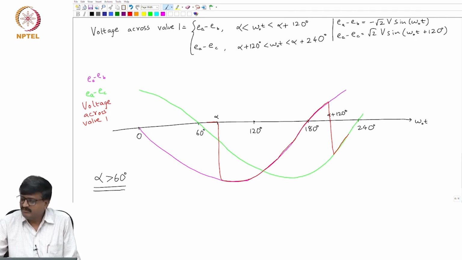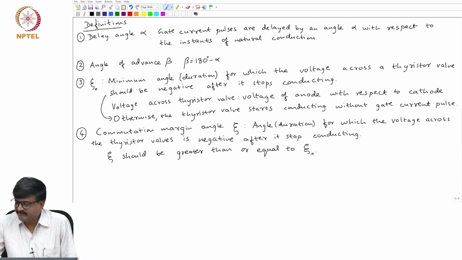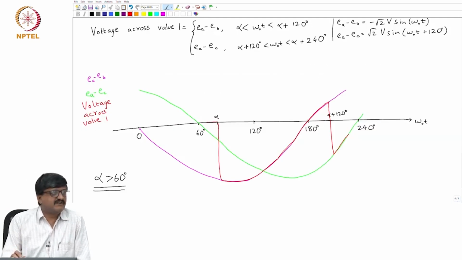Now, just go back to the definition of the commutation margin angle psi. What is the commutation margin angle? By definition, it is the angle for which the voltage across the thyristor valves is negative after it stops conducting. So, if I take voltage across valve 1, valve 1 stops conducting at alpha.